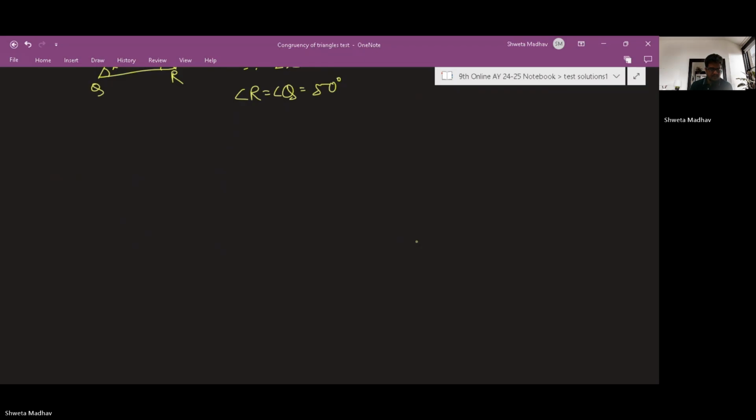Then we have two assertion and reasoning based questions.